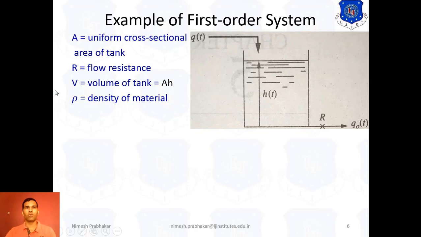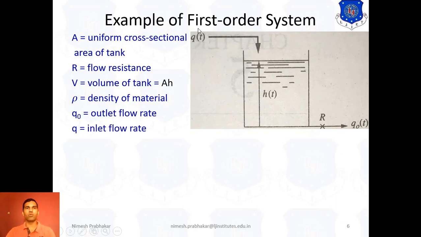Next is rho. Rho is the density of the material. Here the material is water, so rho represents the density of water. Next is Q0. Q0 represents the outlet flow rate, that means the water outlet flow rate.